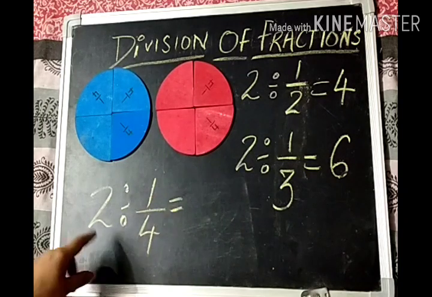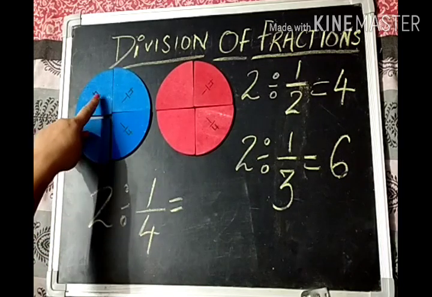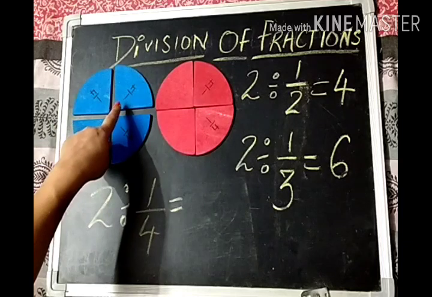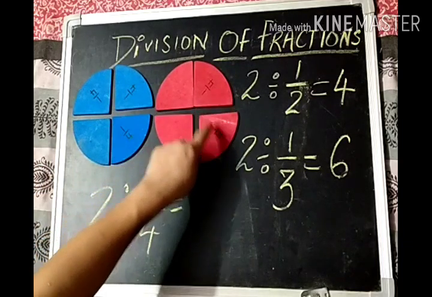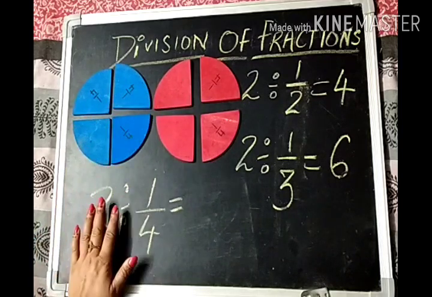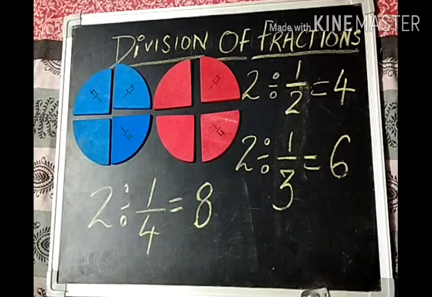Dividing 2 chocolates into 1/4 means 1/4, 2/4, 3/4, 4/4. We'll get 4 pieces of 1/4 piece size, 1, 2, 3, 4. How many 1/4 can we take out from 2 full chocolates? We can take out 8 pieces of 1/4.